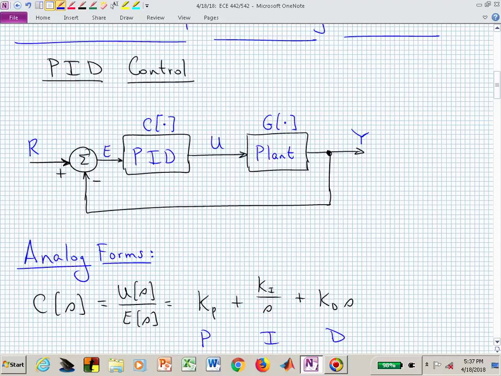You take the error signal and you scale it proportionally, or you scale the integral of that error signal, or you scale the derivative of that error signal.